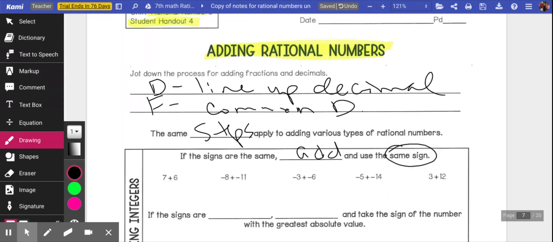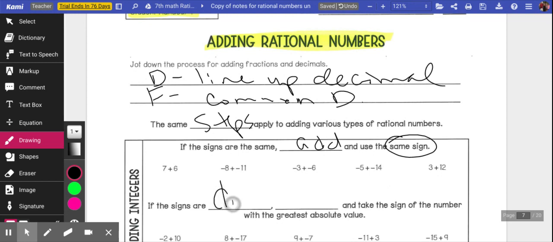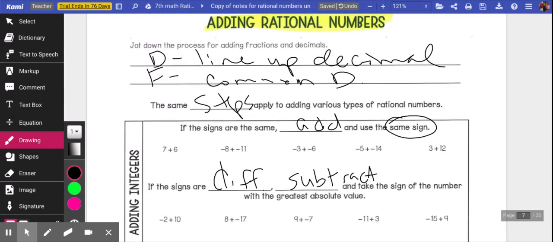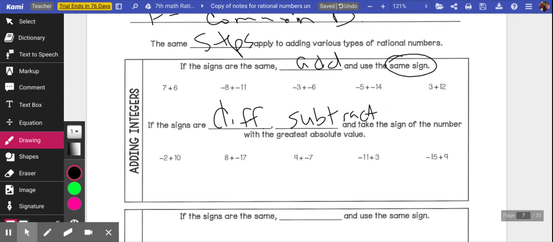If the signs are different, we subtract and take the sign of the bigger number, or the one with the greatest absolute value. So you can practice doing these up here because these should be similar to what we were just doing. And so should these. I'm going to pause, and then you put your answers in.